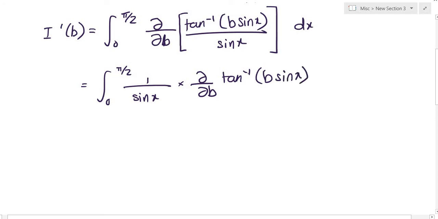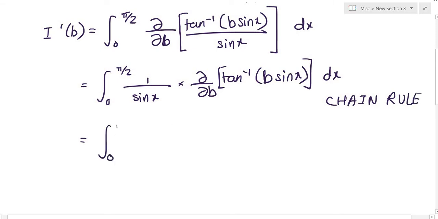Now we can't just ignore the inverse tangent and pull it out of the differential operator, because it has a b term in the argument, so we'll have to apply the chain rule. The chain rule of regular integration. So we have the integral from 0 to pi over 2 of 1 over sine of x.